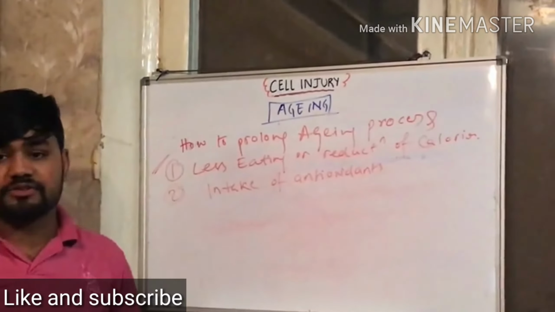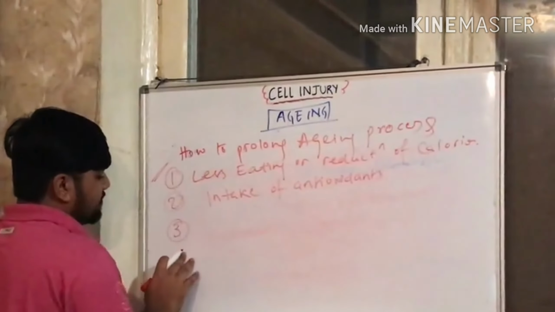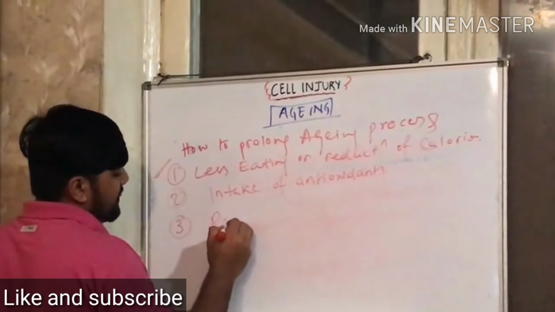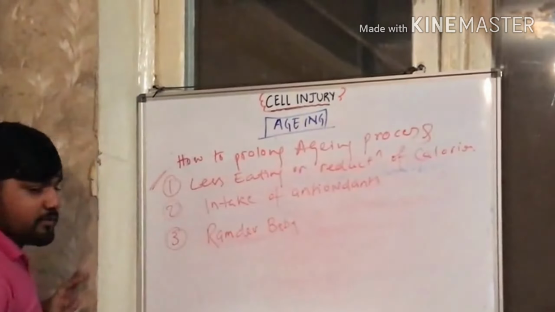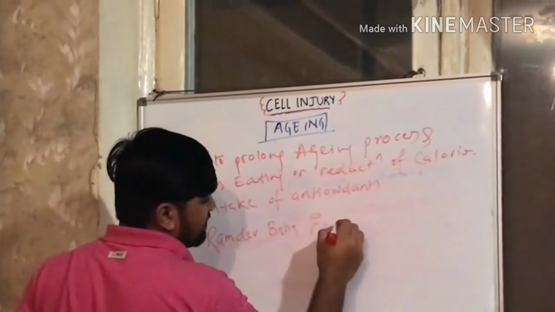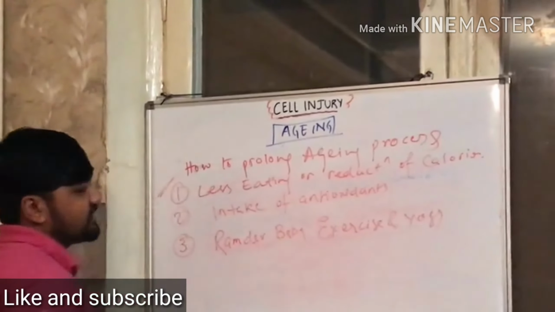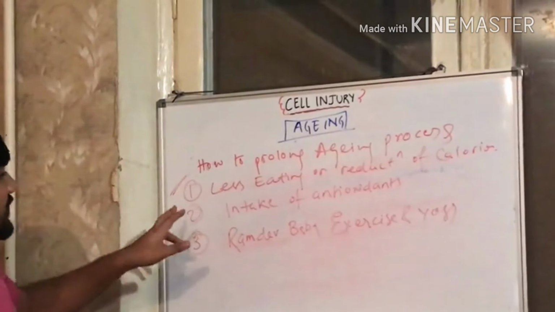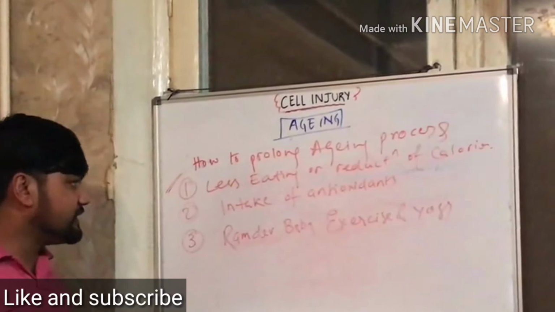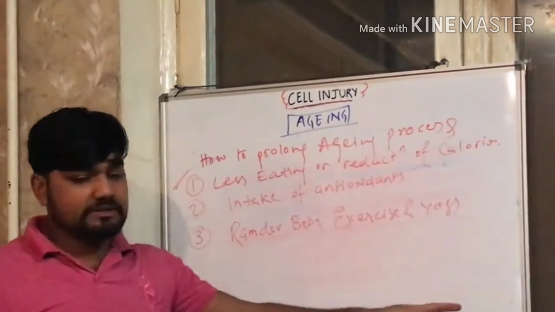Second one is intake of antioxidants, and third one, I think every Indian knows, Ramdev Baba. Exercise. Baba is popular for exercise and yoga. So these are the three lifestyle changes you have to do to prolong aging.